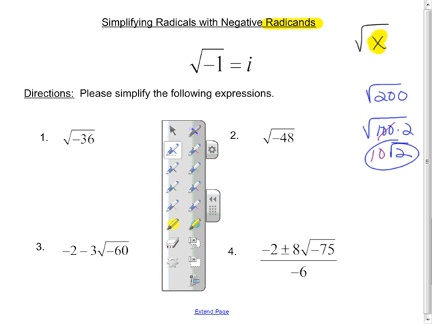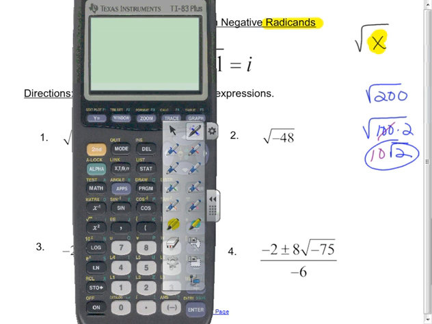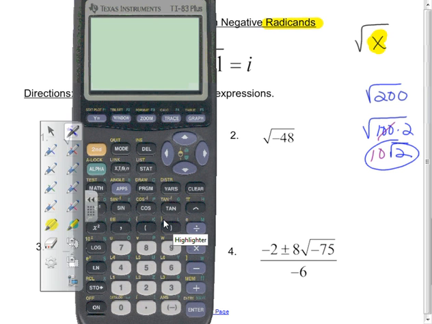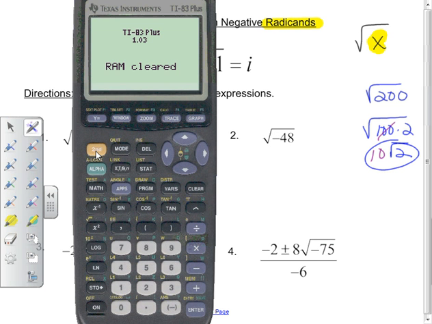So really what I'm going to do here is incorporate this skill with this fact right here. This fact is the definition of the basic imaginary number, and it says the square root of -1 equals i. Now, why do we refer to it as the imaginary number? Because if you've ever tried to take the square root of a negative number on your calculator, it would say non-real answer.